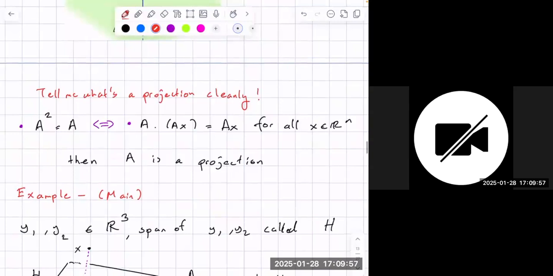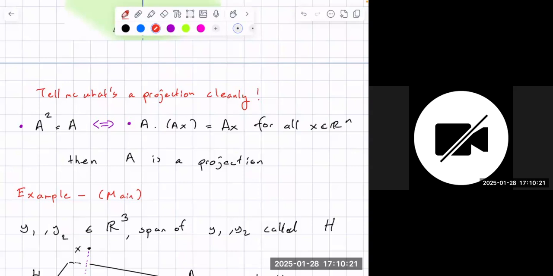So what do you mean by projection? Let me tell you more cleanly. If a matrix A satisfies the following, A squared is the same thing as A, then that's a projection. In other words, you take a vector X, you do something on it with A, you do the A again, nothing happens.